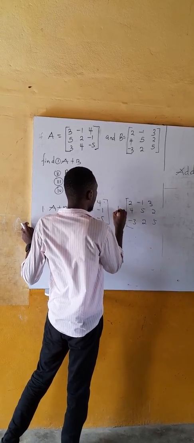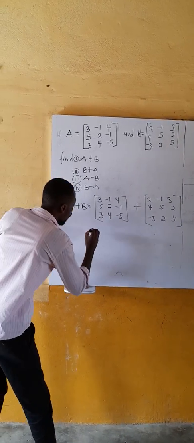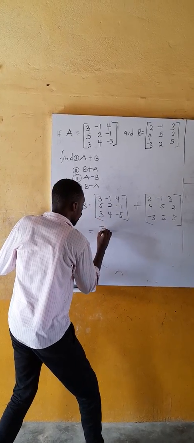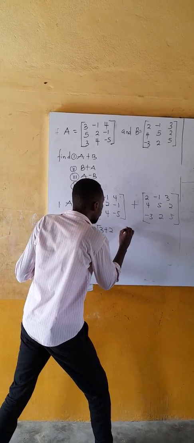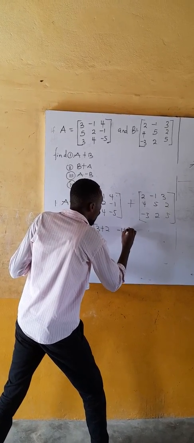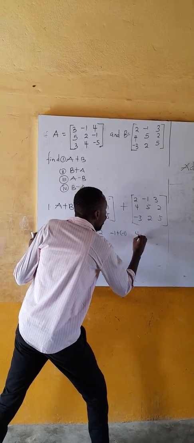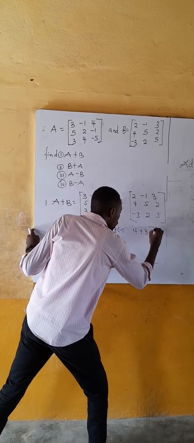Okay, let's just add them, because we wrote A plus B here. So we go. This will be 3 plus 2, the first. Then negative 1 plus negative 1. Then 4 plus this 3.